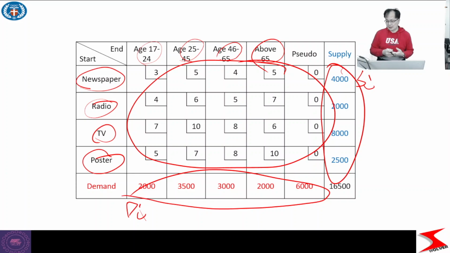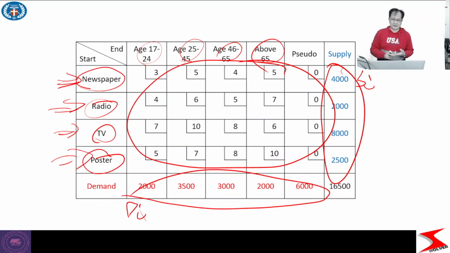Of course, now maybe the newspaper or even radio, TV, or poster are not so effective as advertisement media, right? Maybe TV is okay, but traditional media maybe not so effective. So nowadays, maybe you will consider YouTube, Instagram, right?